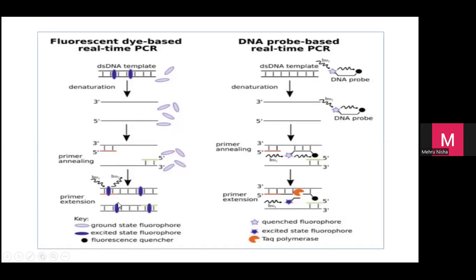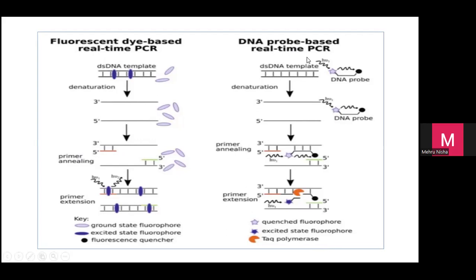Result dia akan dipaparkan di mesin. Anda tak payahlah macam load the gel, run gel, tidak perlu langsung. You just get the result from PCR machine. Sebab graf dia akan keluar di mesin. Yang ni pula more specific, lebih baik.